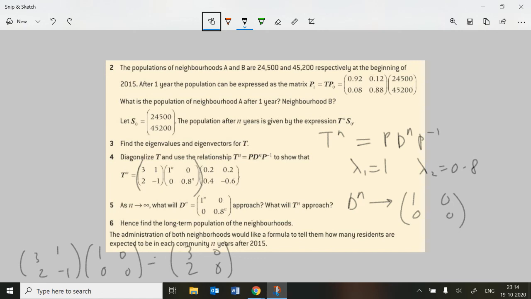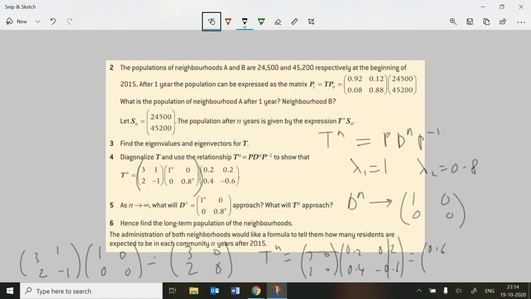So final step then, T to the power of n is going to give us 3, 2, 0, 0 applied to 0.2, 0.2, and 0.4, minus 0.6. And that's this times this, and add them together, is going to give us 0.6.